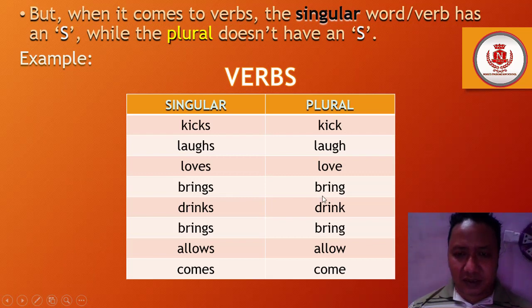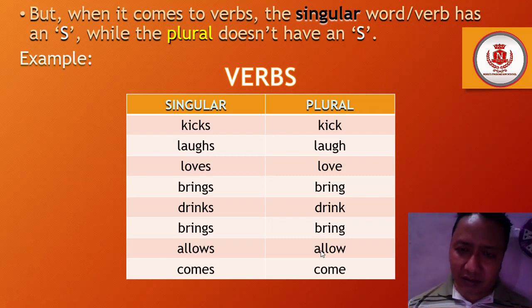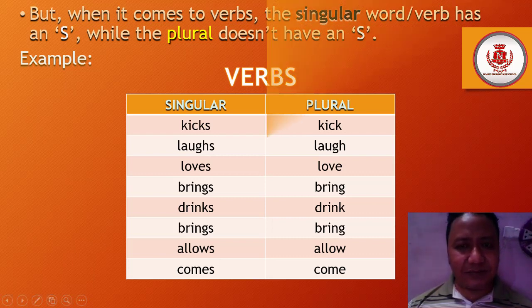Verbs, but plural it's bring. Likewise, drink, bring, allow, comes, and there are many other more verbs, but when it comes to verbs, singular has an s, while plural doesn't have an s. It's the opposite with a noun. Understand? Please keep that in mind.